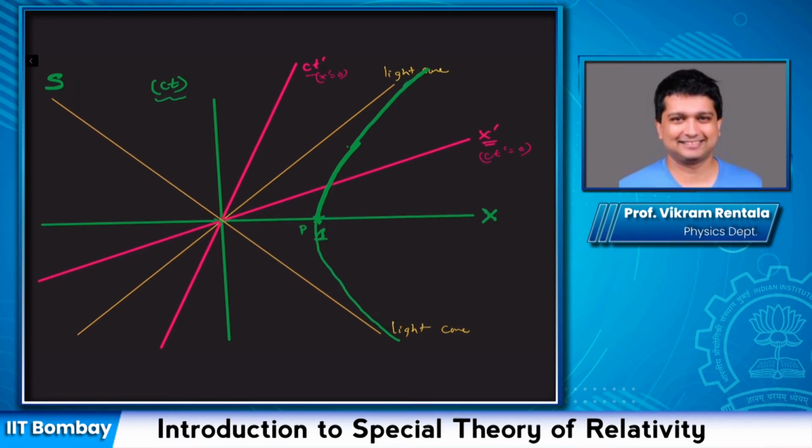All of these green points on this curve are equidistant from the origin 0, 0.